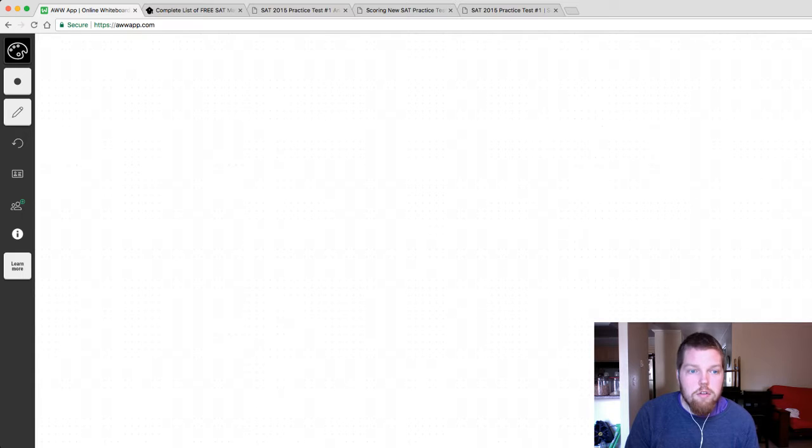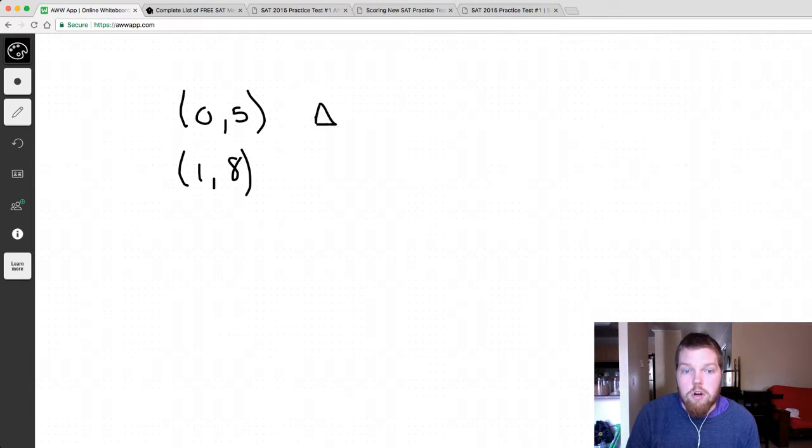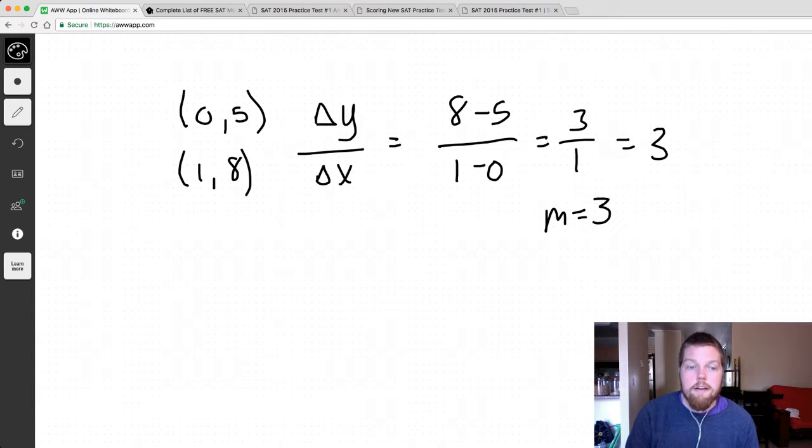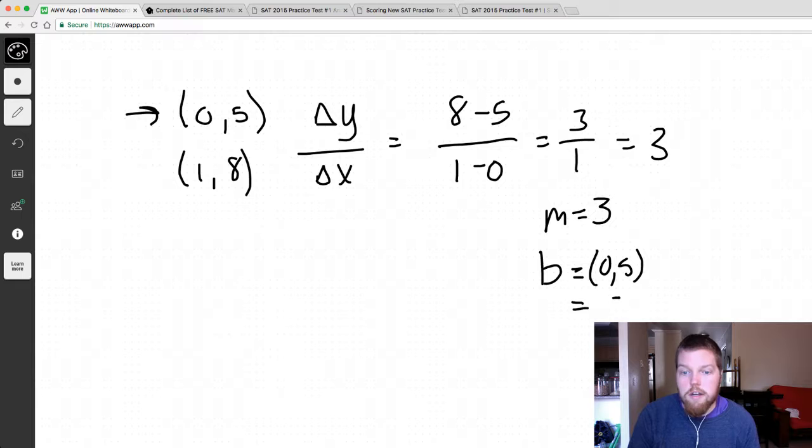So if we go from 5 to 8, and we do the change in y over the change in x to calculate our slope, we would do 8 minus 5 over 1 minus 0, and we would get 3 over 1, or 3, for our m. And in the last problem, we identified what our b was, and it's right here. I just wrote it down. 0, 5, so b is 5.